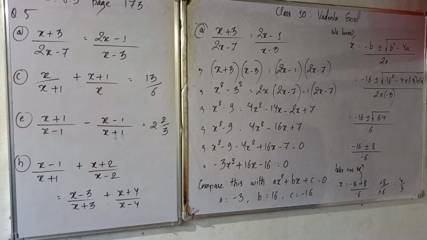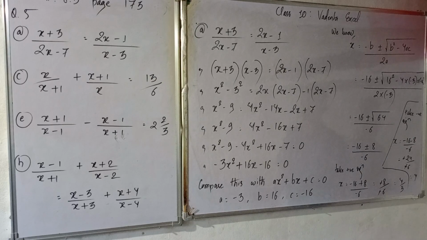Now take the negative sign, what value will we get? You'll get x equals minus 16 minus 8 divided by minus 6. Minus 16 minus 8 is minus 24, divided by minus 6, minus minus gets cancelled. 6 4s are 24.